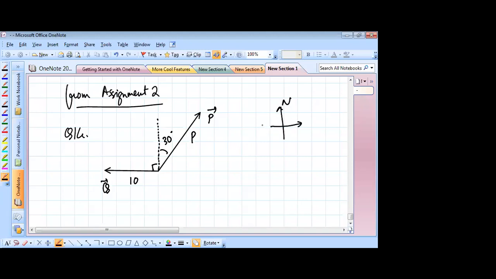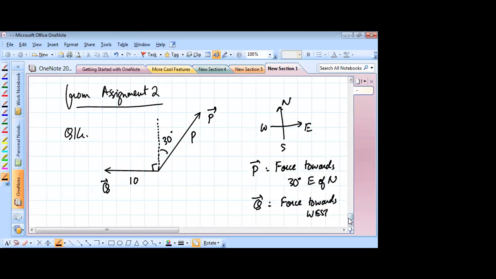okay, so like this, the resultant of the two, so basically this is a north, south, east, west direction. Okay. So you can see that P is a force towards 30 degrees east of north. Q is a force towards west.